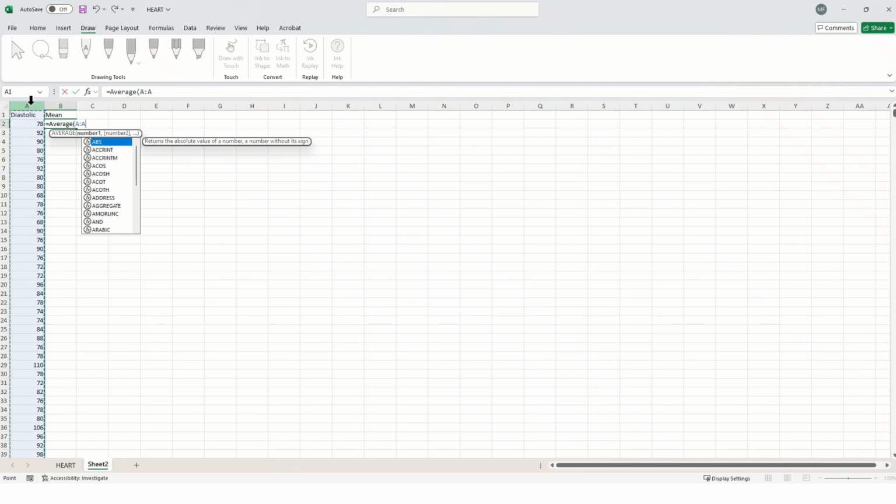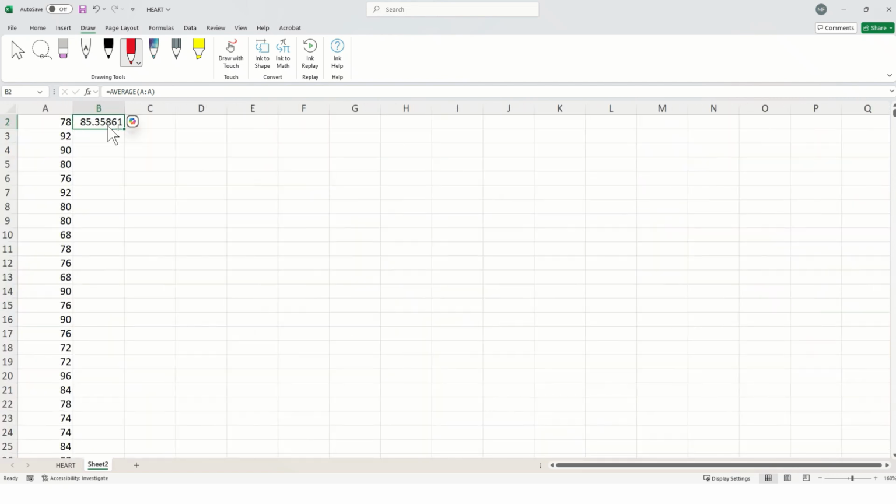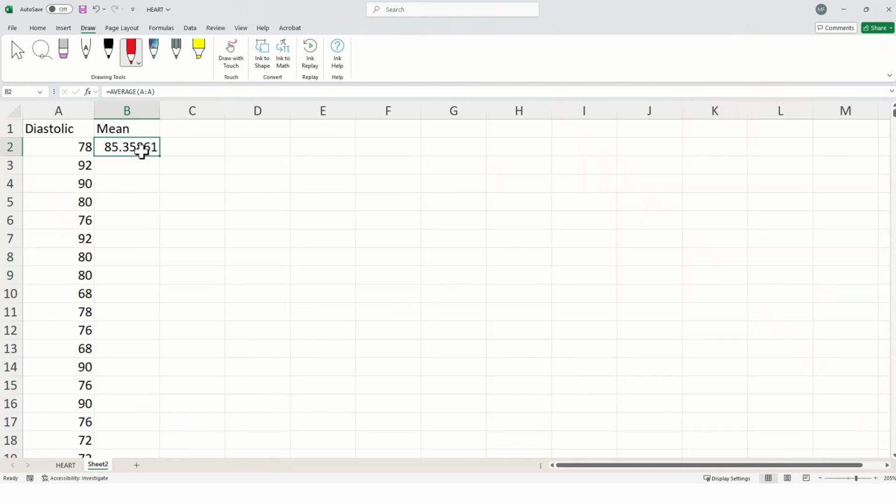Click, or you can just type A:A, closed parentheses, enter. So now it is giving us the mean diastolic blood pressure in our data set, 85.36 approximately.